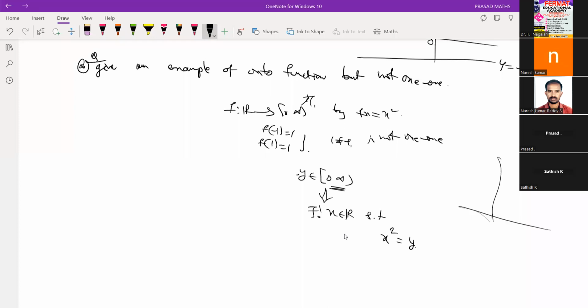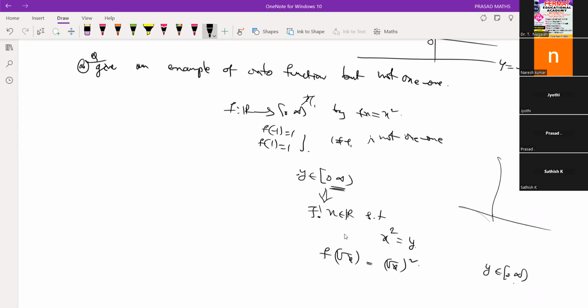This is obviously possible, right? There exists a unique x. What is the preimage for y? Anybody?